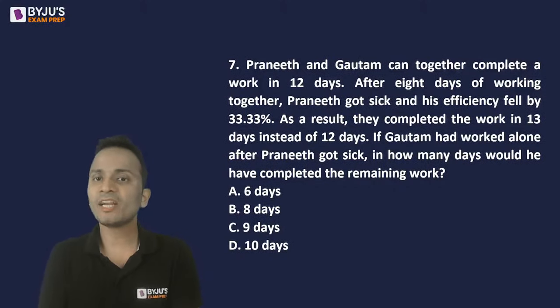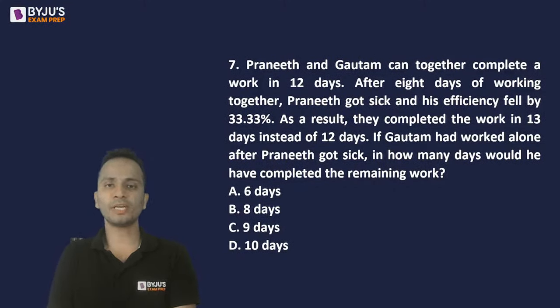Now, Praneeth and Gautam can together complete a work in 12 days. After 8 days of working together, Praneeth got sick and his efficiency fell by 33.33%. As a result, they completed the work in 13 days instead of 12.